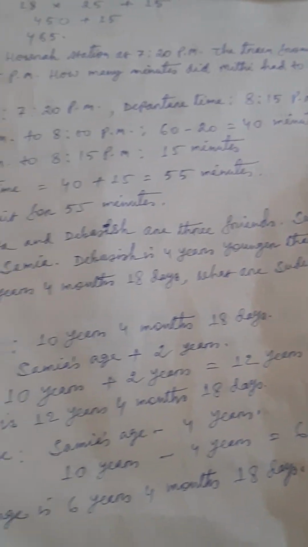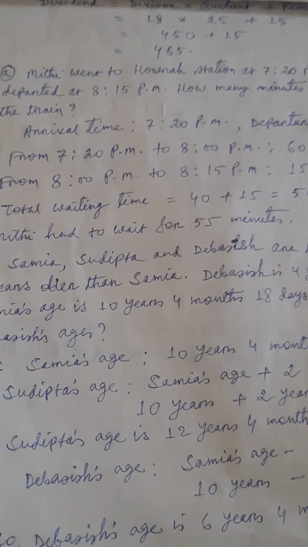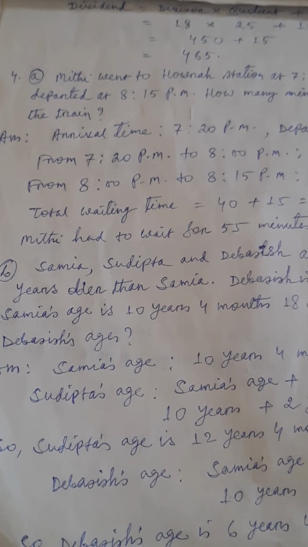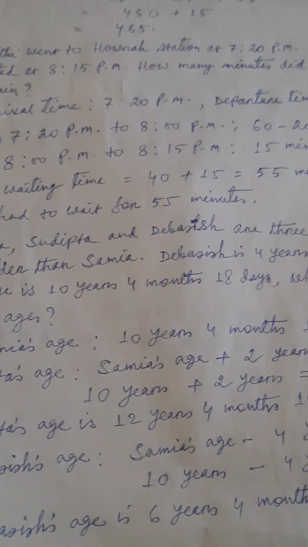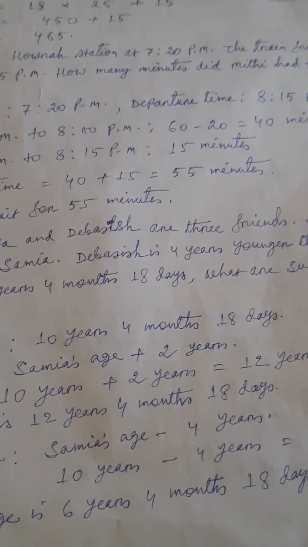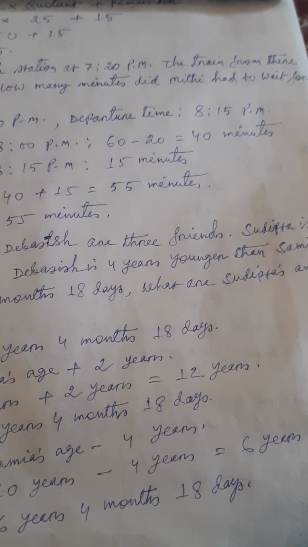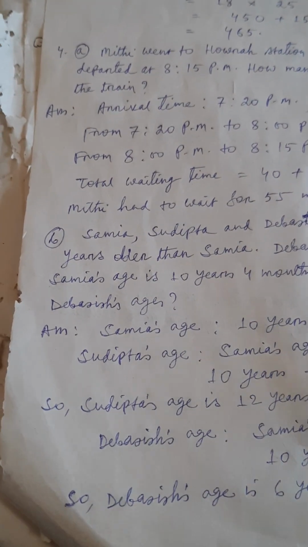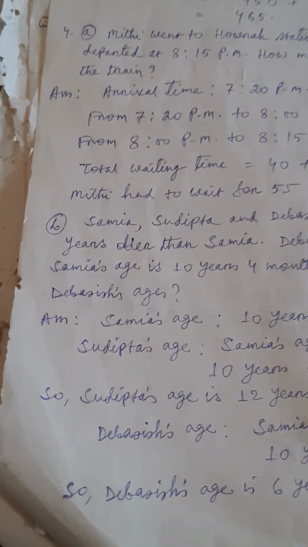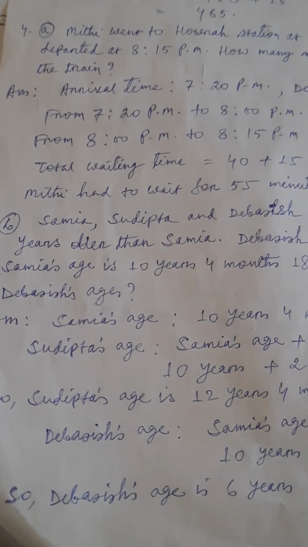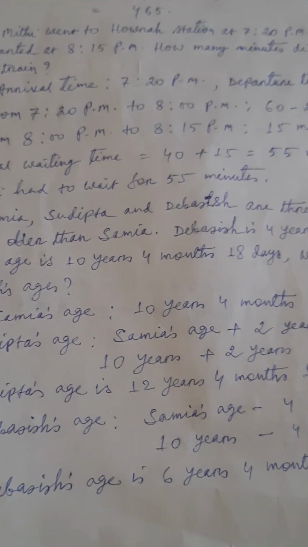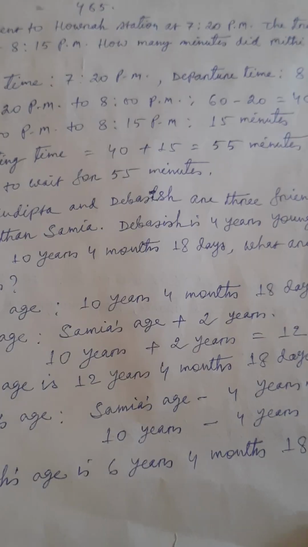If Samia's age is 10 years, 4 months, 18 days, what are Sudipta's and Devashish's age? Answer. Samia's age 10 years, 4 months, 18 days.